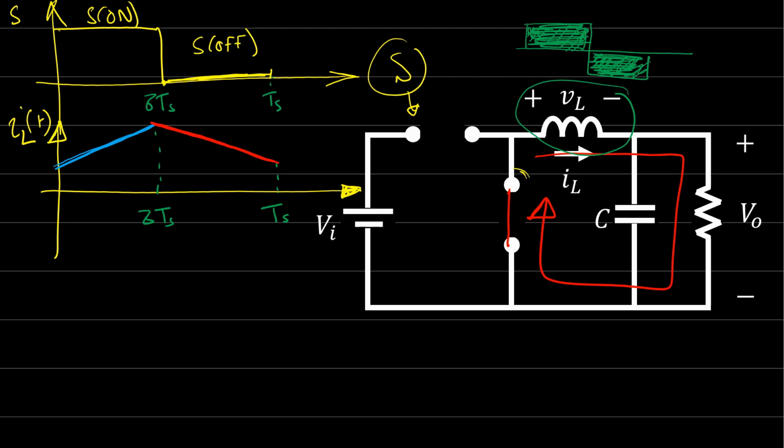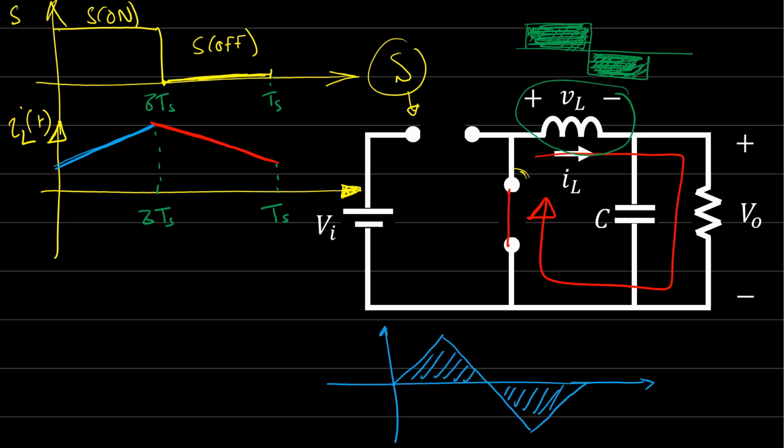The same thing happens inside the capacitor. We know that the capacitor absorbs the ripple, so the average current across the capacitor must be equal to zero. If we try to draw the current on the capacitor, you will find that the current will be something like this. Here we have two areas. This is the current inside the capacitor, which equals the ripple that is taken from the inductor.